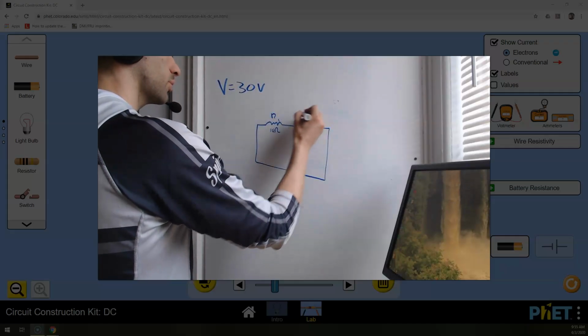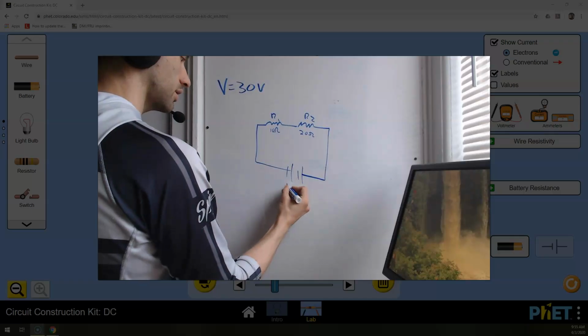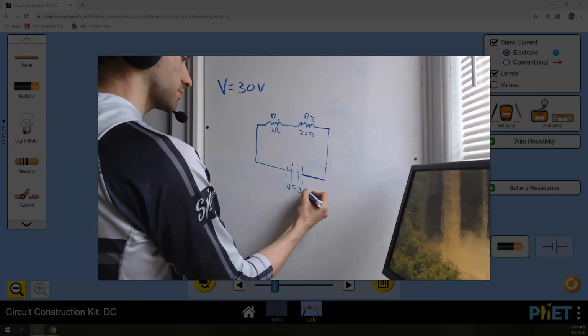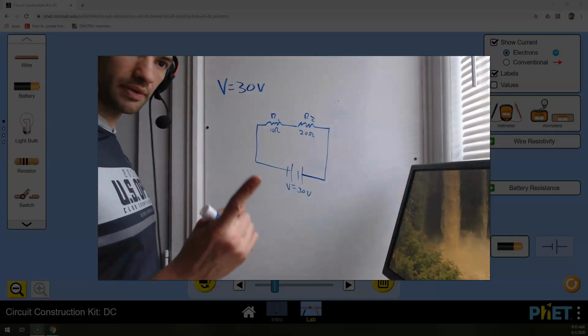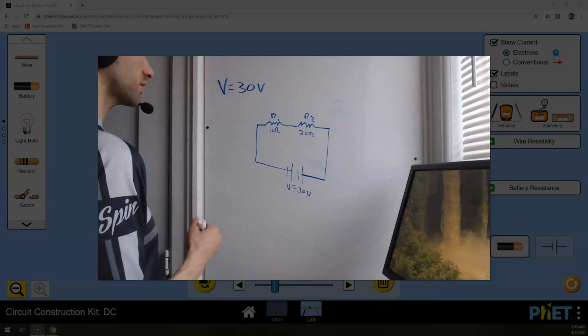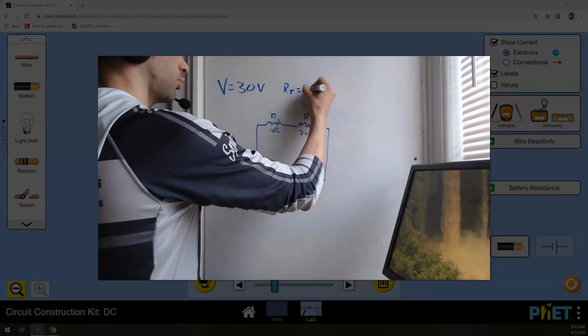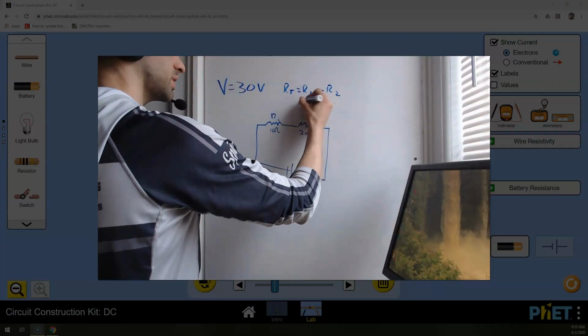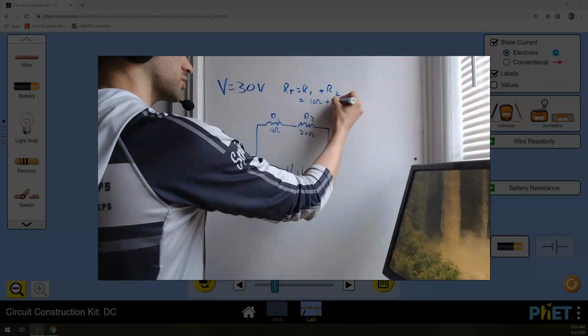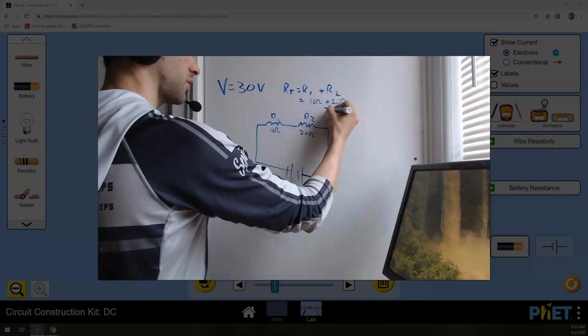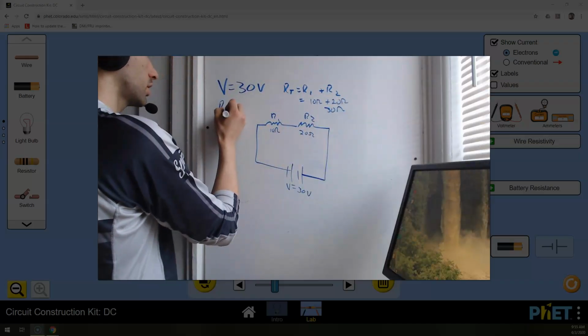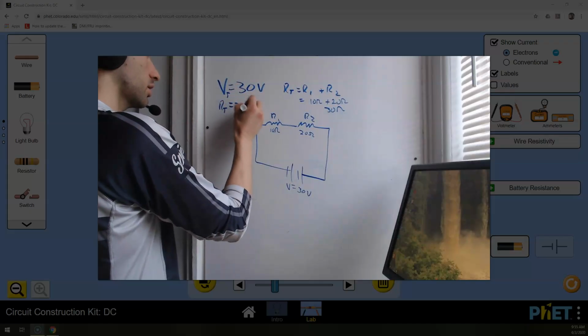We'll call this R1, we'll call this R2, and our voltage is 30 volts. Okay, well, let's start by finding R total because it's a series circuit and that's easy. R total will be R1 plus R2, which will be 10 ohm plus 20 ohm, which will be 30 ohm. So our R total is 30 ohms.